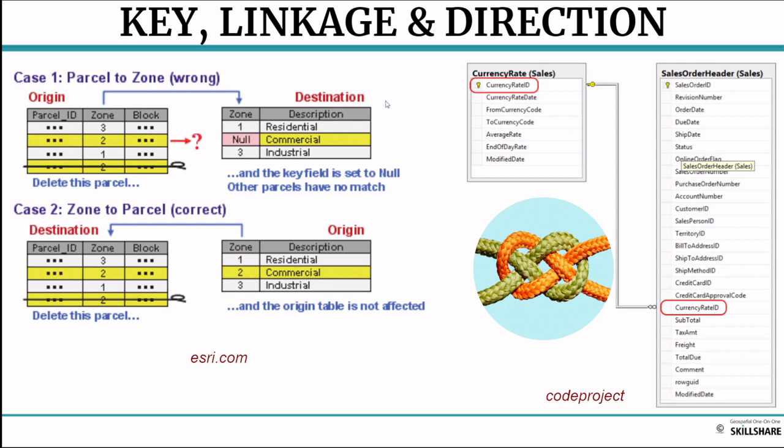We have this information and we want to be able to link it to the parcel. One of the things we will need first is a key. We need a key because if we have residential, commercial, industrial, and then the parcel IDs with their zones, there is no common field here. How do we tell which one is connected to which?